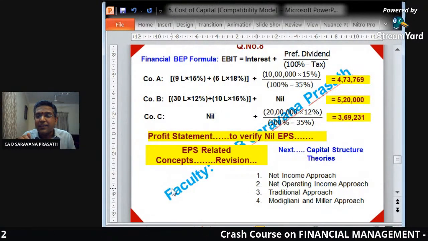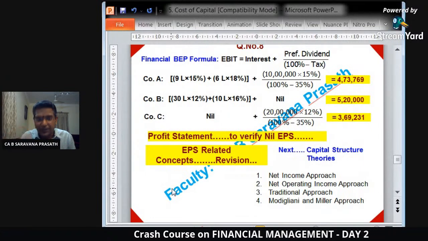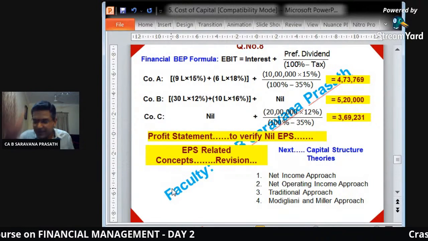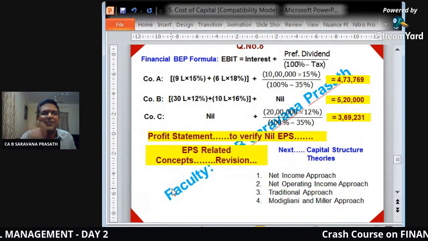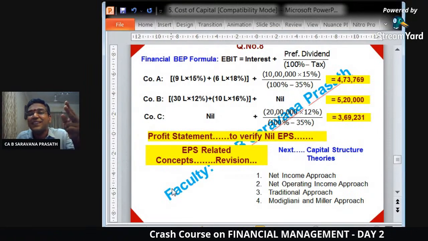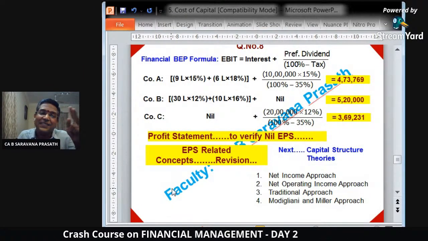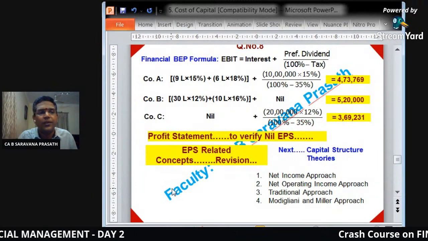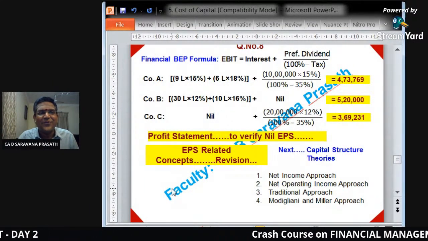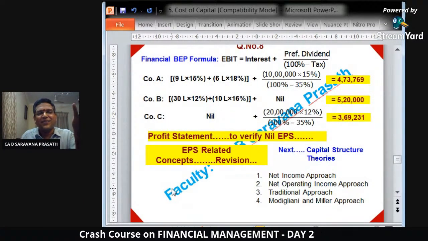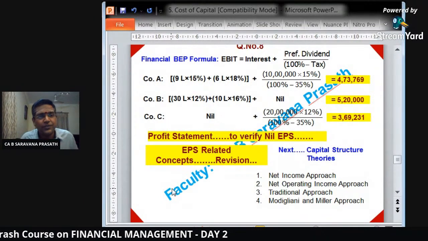Getting money, nobody gives funds free. We have to incur cost. So minimize the cost. That is the objective here. Value maximization is from the company and investor viewpoint. Therefore, maximize the firm value. That is the philosophy. These are the two objectives.